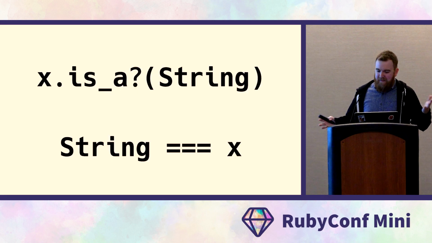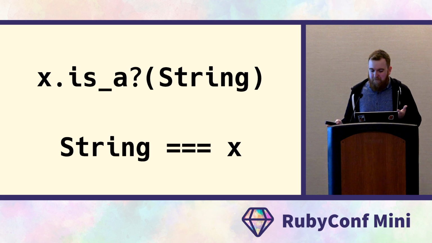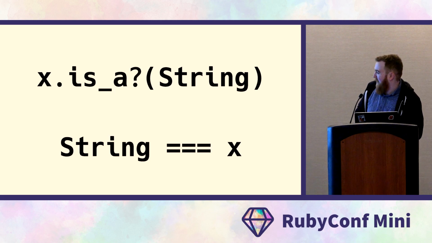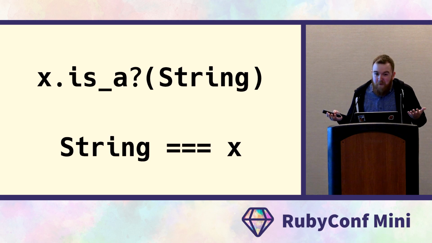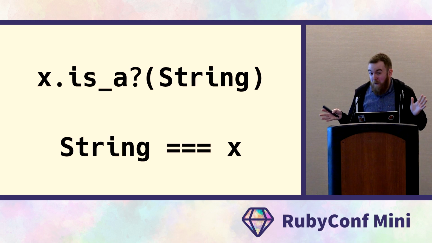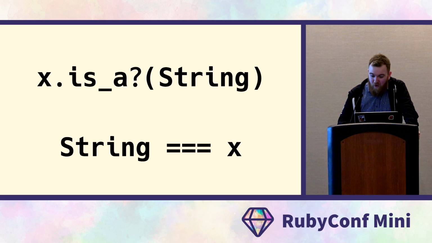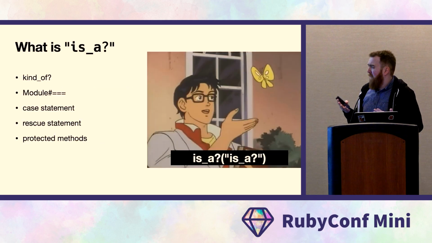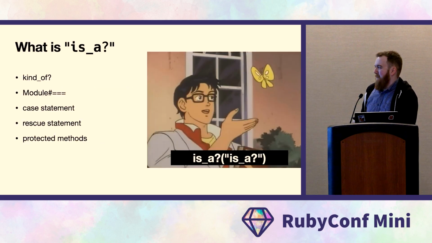It's not just is_a?, that's just the one I found easiest to pronounce, because I don't know what to call the one on the bottom, triple equals. I've also heard threequals or case equality, all of which are good. Other methods do vaguely the same thing, or exactly the same thing, kind of just an alias.